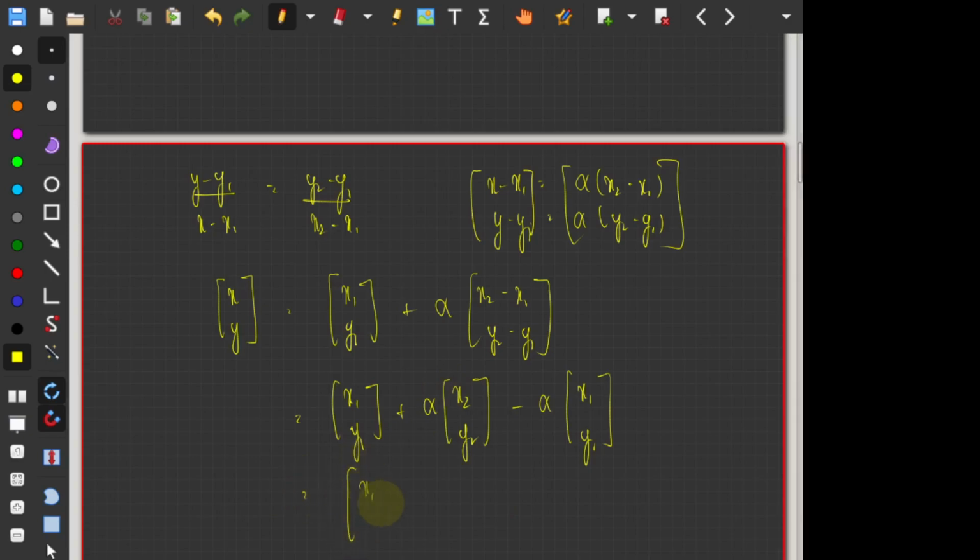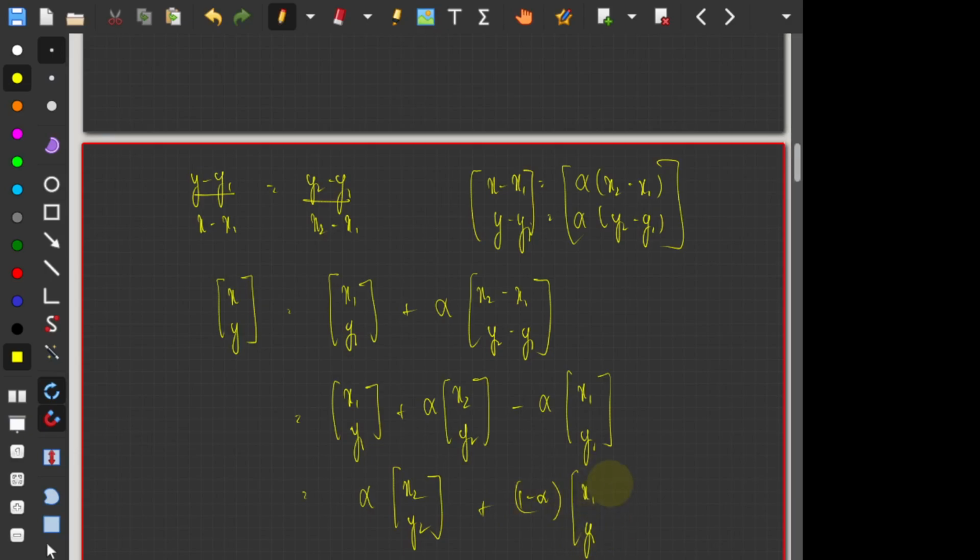Which is just alpha times (x2, y2) plus (1 minus alpha) times (x1, y1).